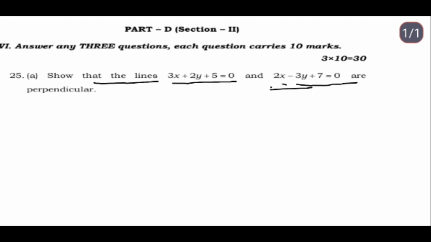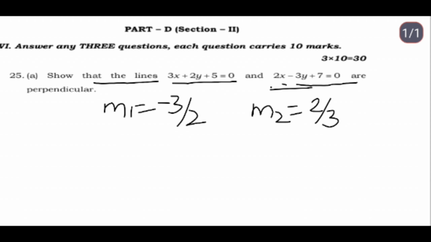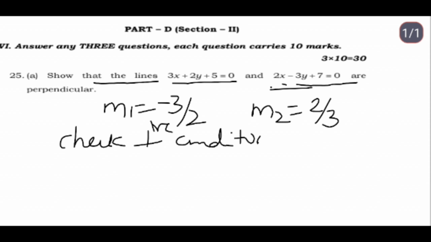We have calculated m1 is -3/2 and m2 is 2/3. Check the perpendicular condition: m1 into m2 is equal to -1.